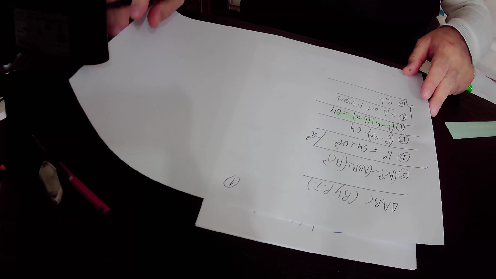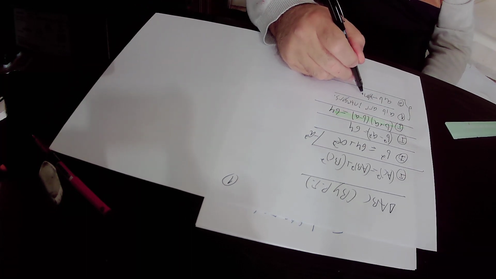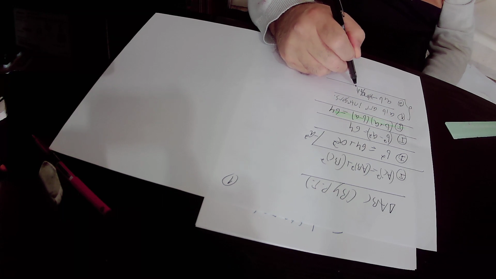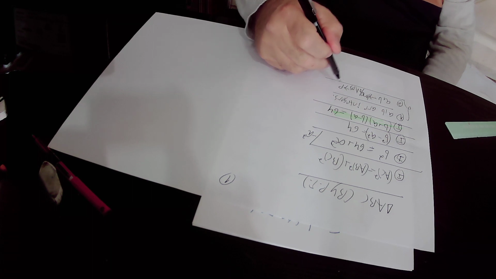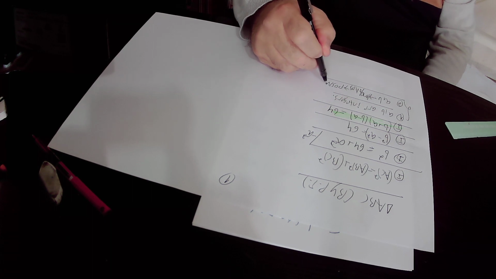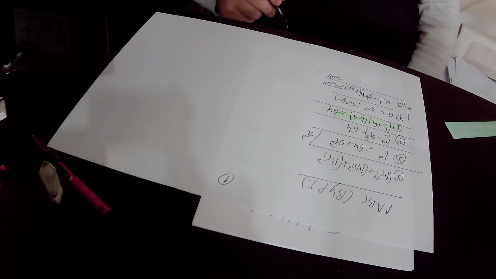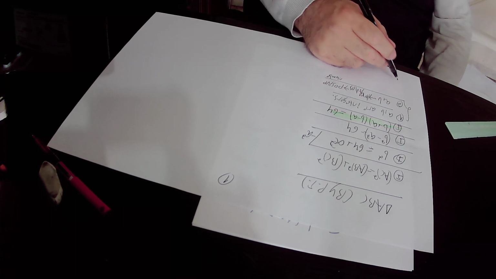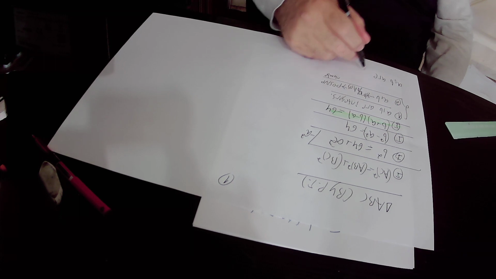So A and B, as lengths, must be positive numbers. Okay, so from 1 and 2, we will derive that A and B are positive integers.